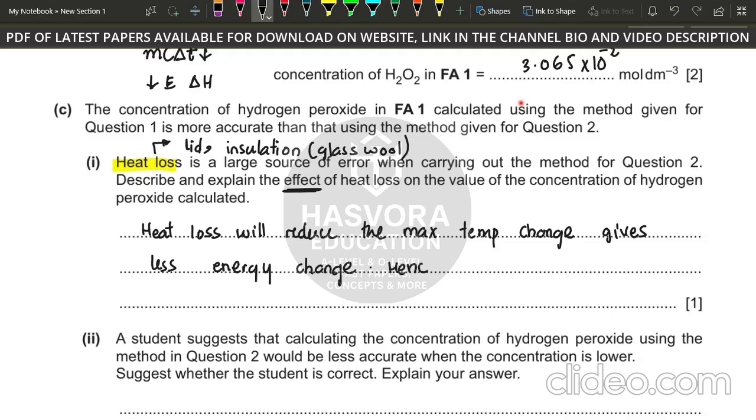Hence, we get less number of moles of H2O2. So this will be the answer.